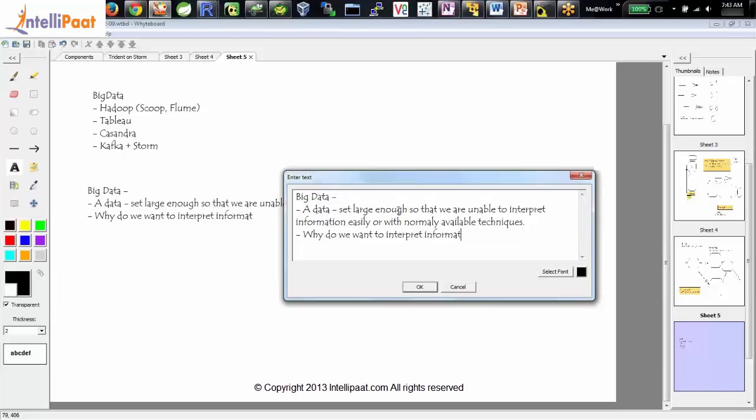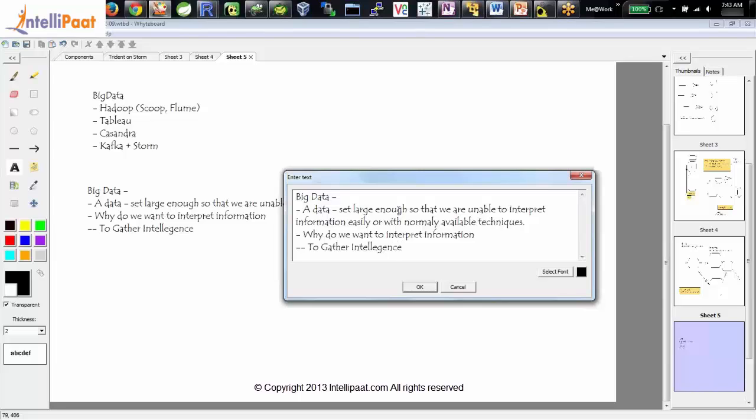Yes, that's a very important thing, and that's the reason I'm asking you that. Why do we want to interpret information? You said to gather intelligence.